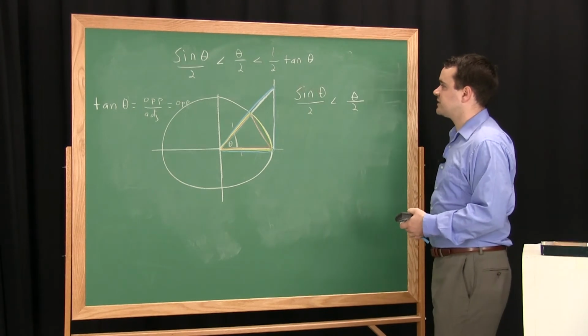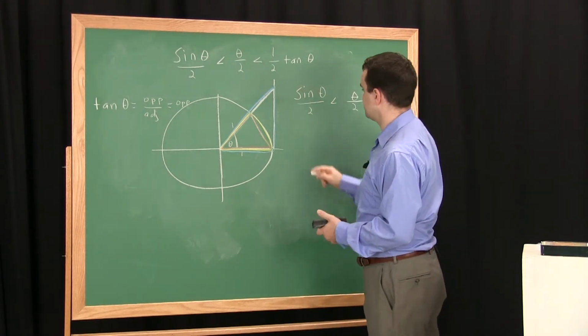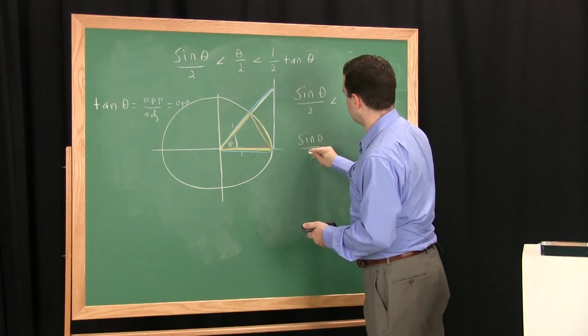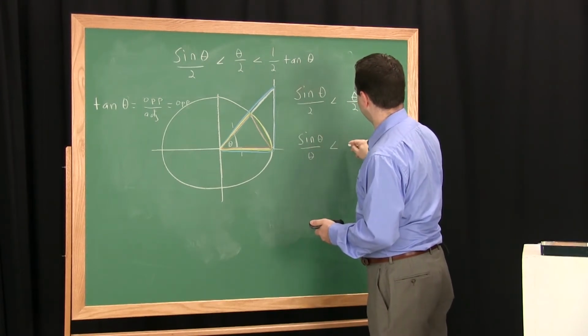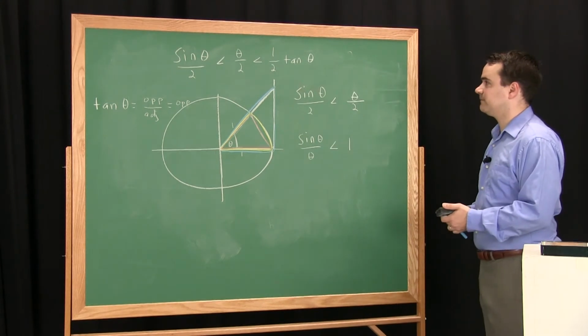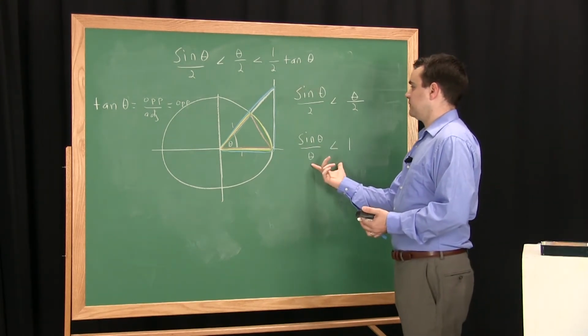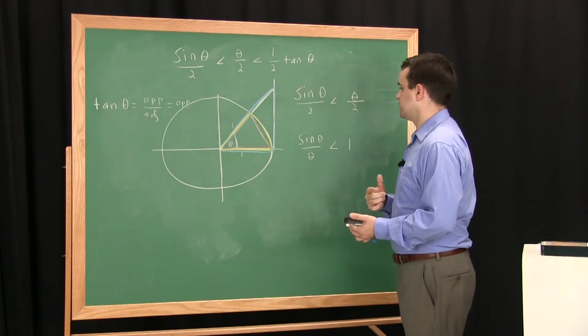I can multiply both sides by 2 and get sine theta is less than theta. Divide by theta, and you get that sine theta over theta is less than 1. So that's part of what I wanted to show.